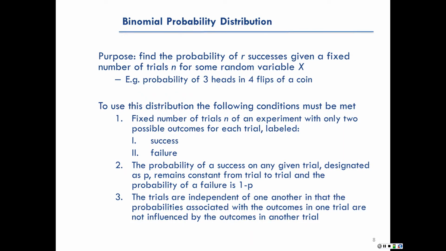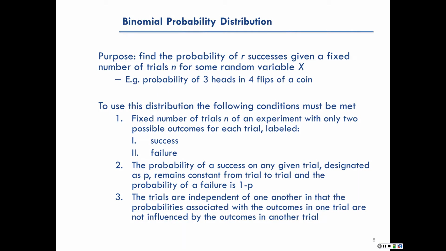Second condition that must be met: the probability of a success on any given trial, designated with the lowercase letter p, remains constant from trial to trial. So when you flip a coin, the probability of getting a head is always 0.5 if it's a fair coin, right? And the probability of failure also remains constant, and that's just 1 minus the probability of success.